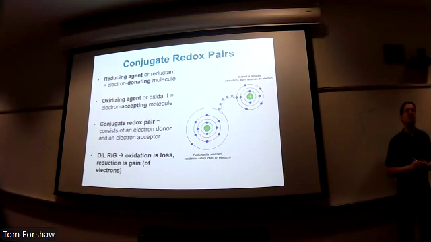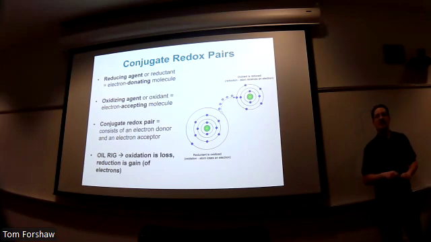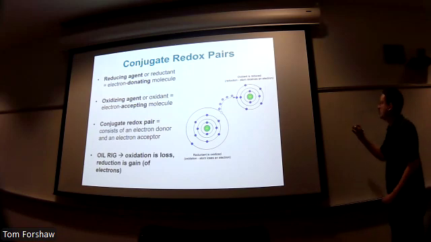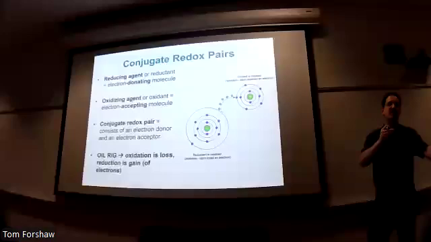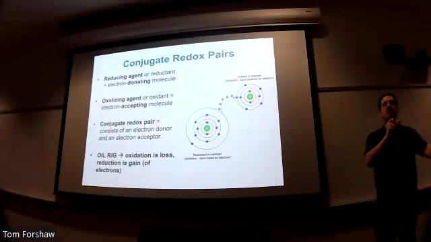What's the common thing that gets reduced in metabolism? There's a couple of them. Not yet, that kind of comes in at the end. But what's in between? NAD. So your sugar is oxidized and NAD is reduced to NADH.